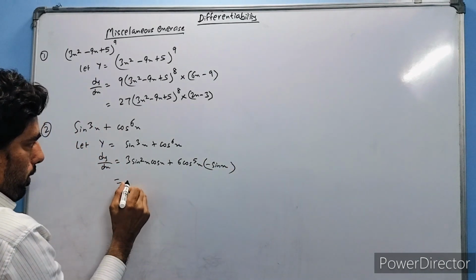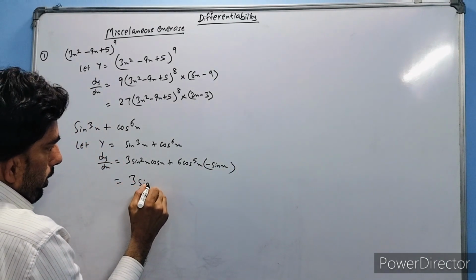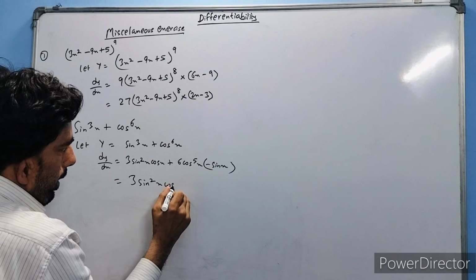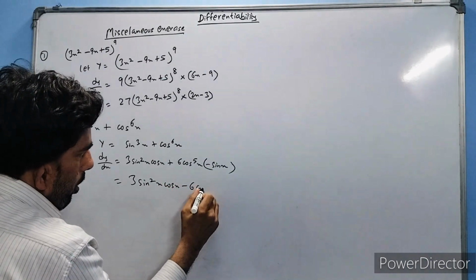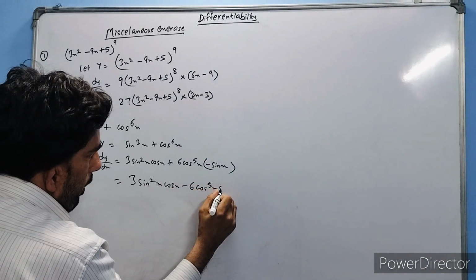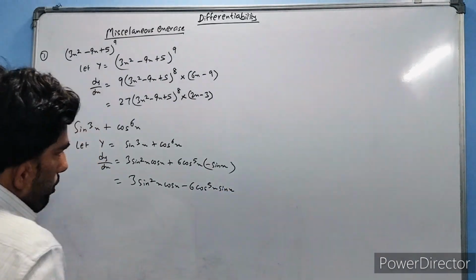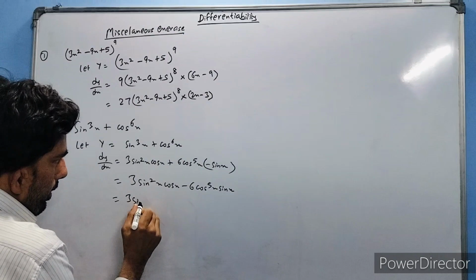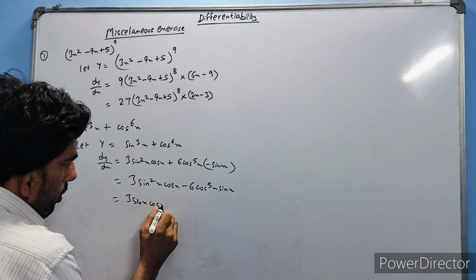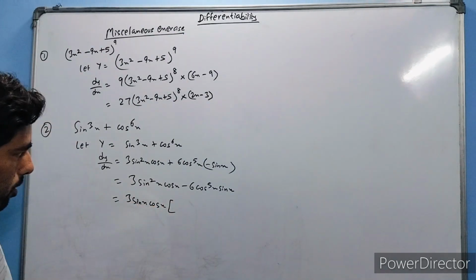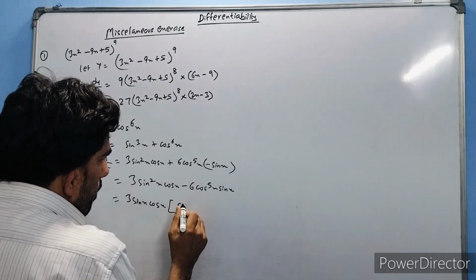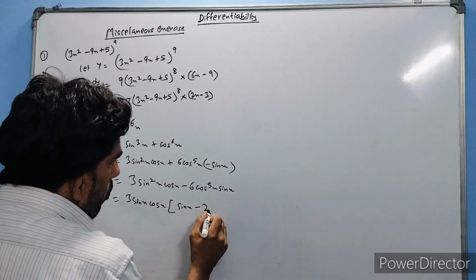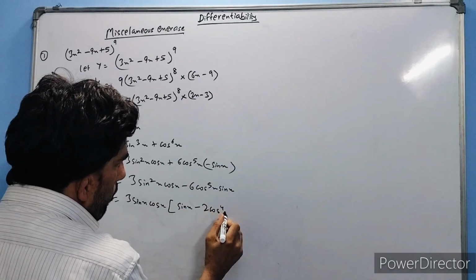So I have this, so I can write 3 sin square x cos x minus 6 cos power 5x sin x. If I take 3 sin x cos x common, what will I have? I will have sin x minus 2 cos power 4x.